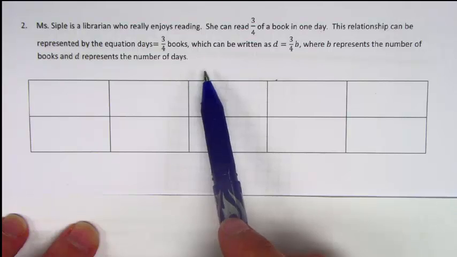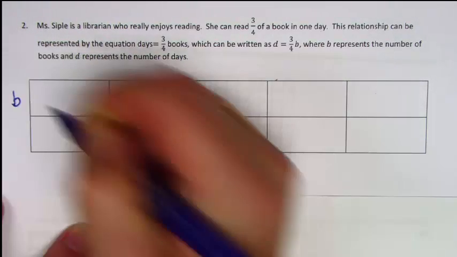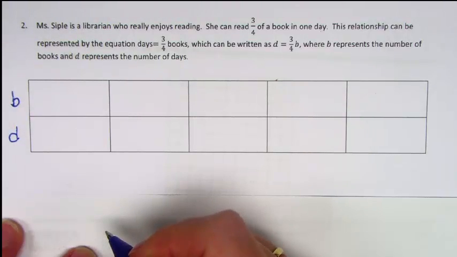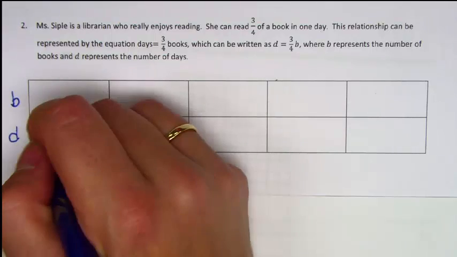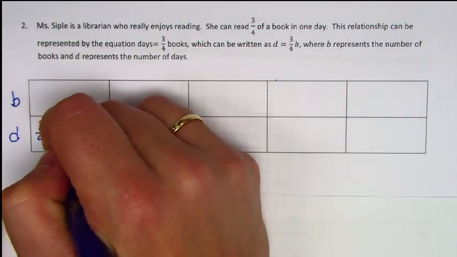If I make a table out of this, I'm going to start with the number of books here, and then I'm going to have the number of days down here. And remember, D equals 3/4 times my number of books.